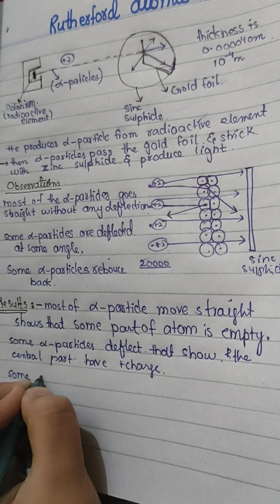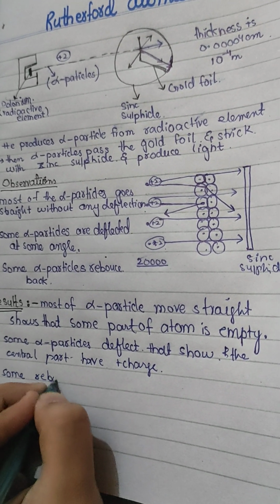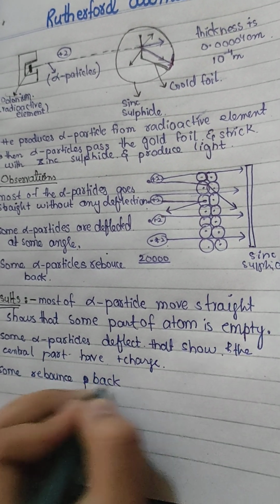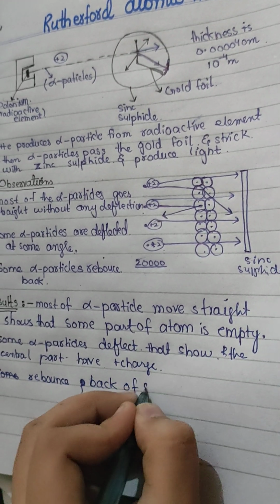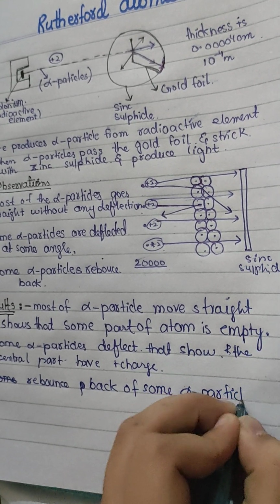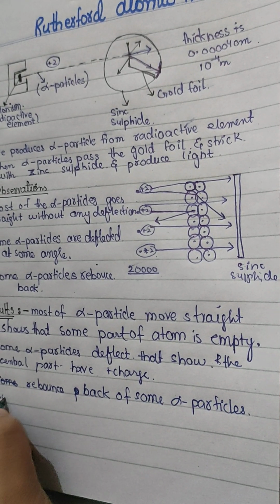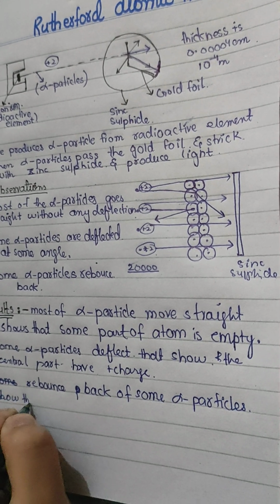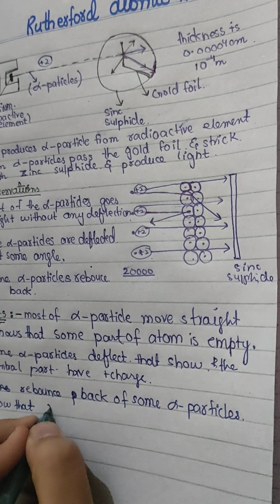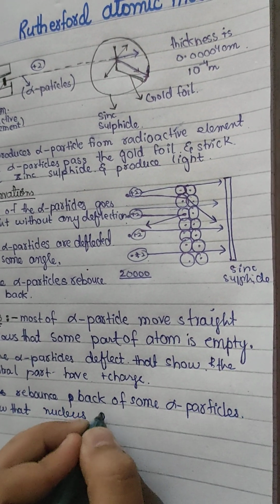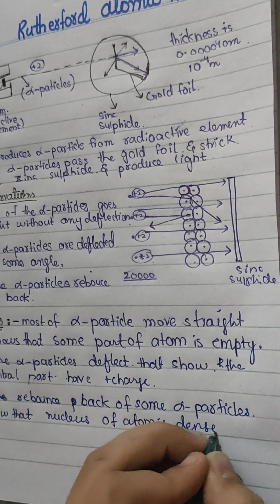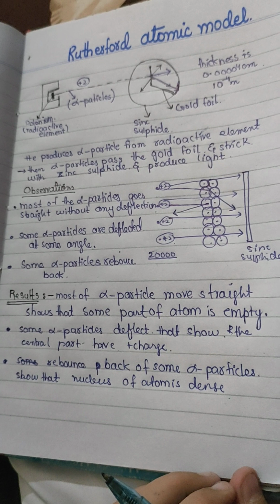The rebound of some alpha particles shows that the nucleus of an atom is dense. Fine. Hopefully that is clear to you guys.